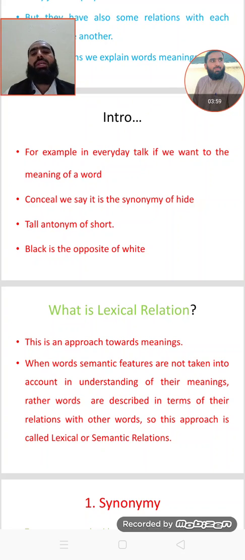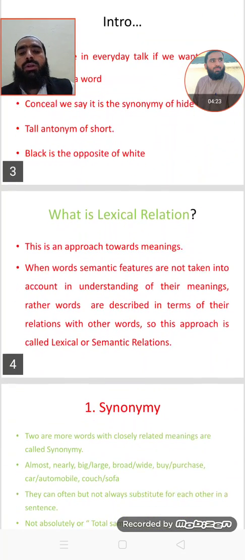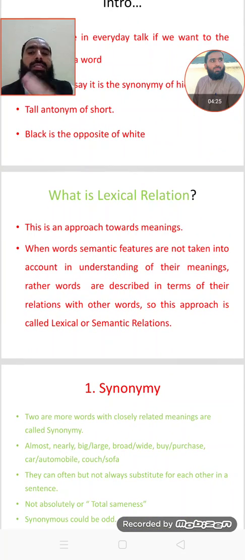So sometimes we explain words by referring to synonyms, and at other times with the help of antonyms, opposite words. Like black is the opposite of white. With the help of these relations, we know the meaning of words.